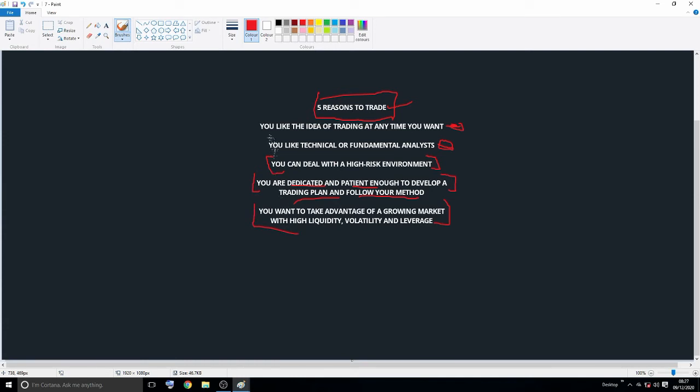So if you have been a student and you have these qualities, that's how you know that you are ready to face the market and you will enjoy it. Because some people are trading just for fun, they are not committed, they don't have a trading plan, they can't deal with risk, they don't do technical analysis.